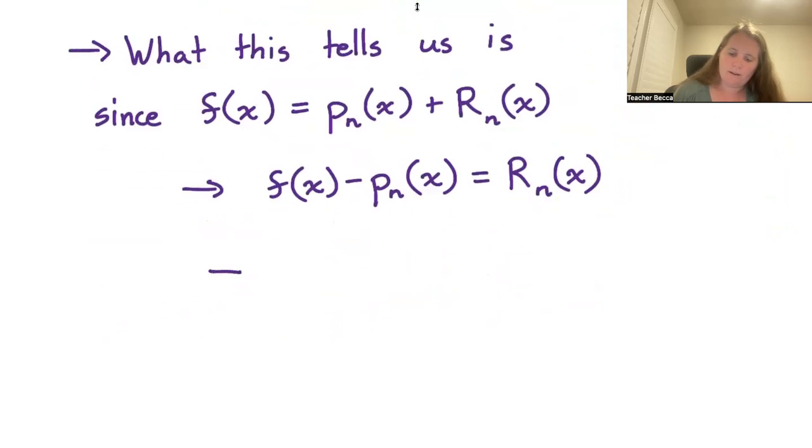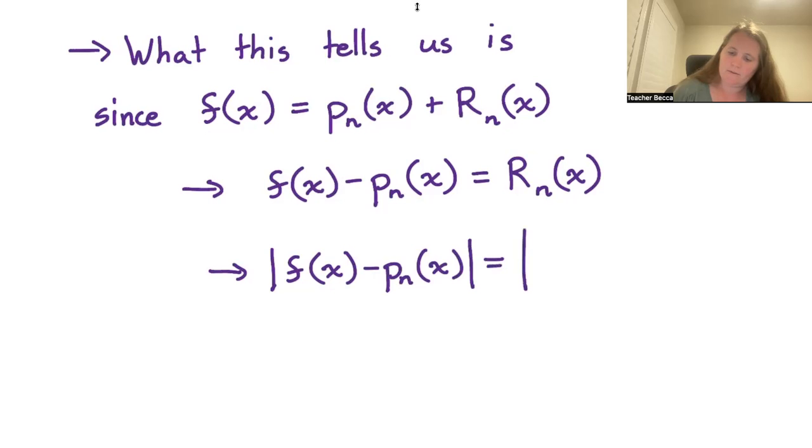And therefore, the absolute value of f of x minus P sub n of x is the absolute value of R sub n of x.